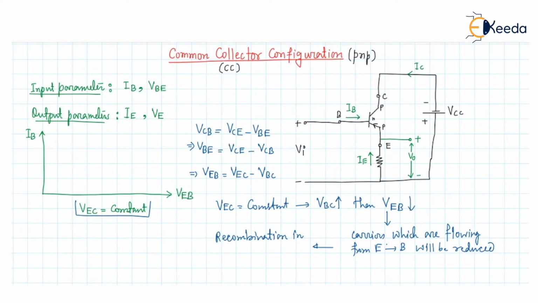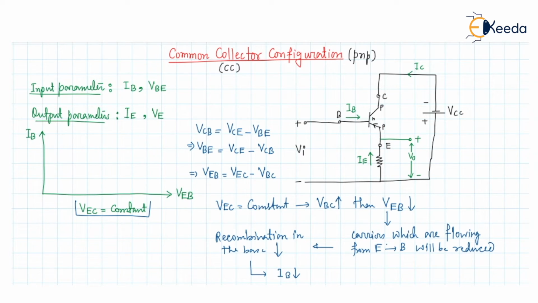If the recombination in the base decreases, then the base current will further decrease. So we can say that the base current will decrease with VEB decrement.